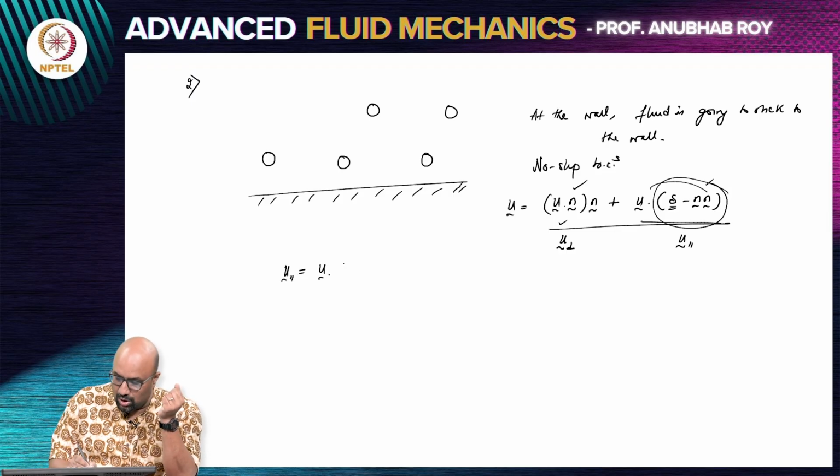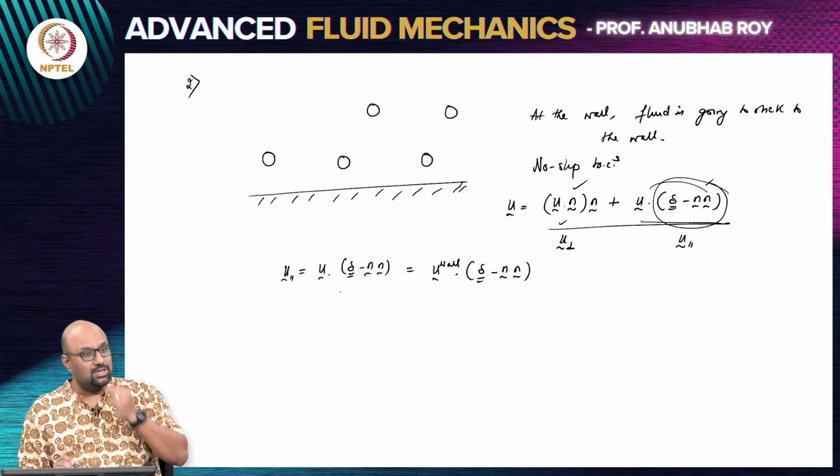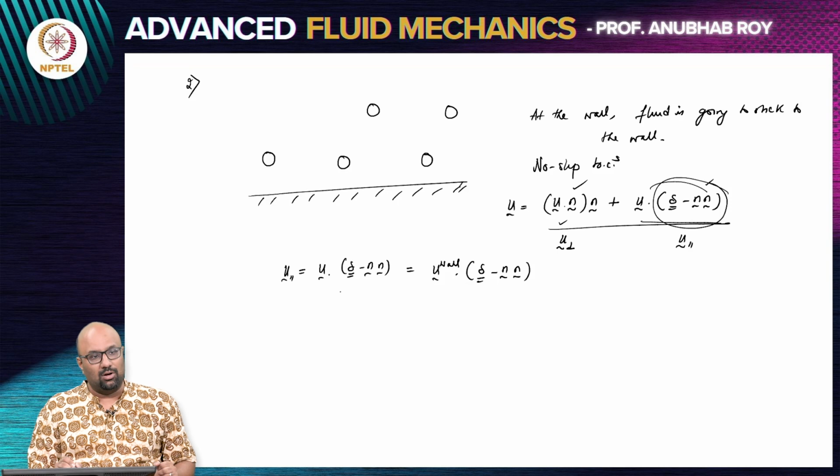is u dot (delta minus nn). This should be equal to the tangential component of the wall's velocity. So you have the tangential component of the fluid velocity matching the tangential component of the velocity of the wall.